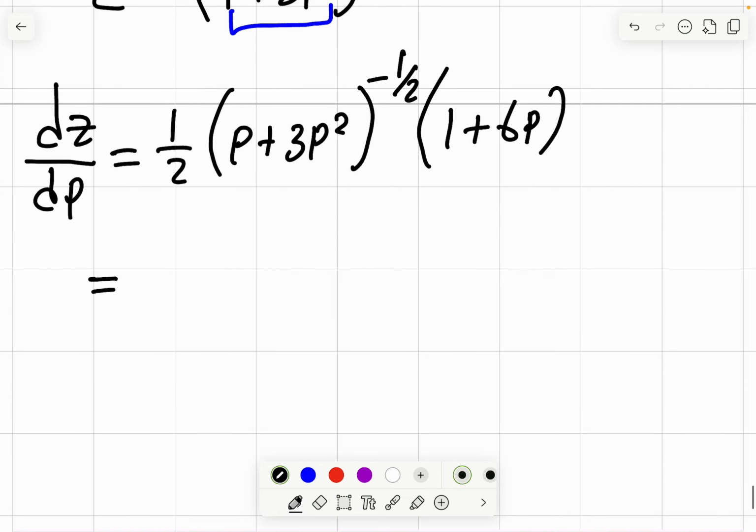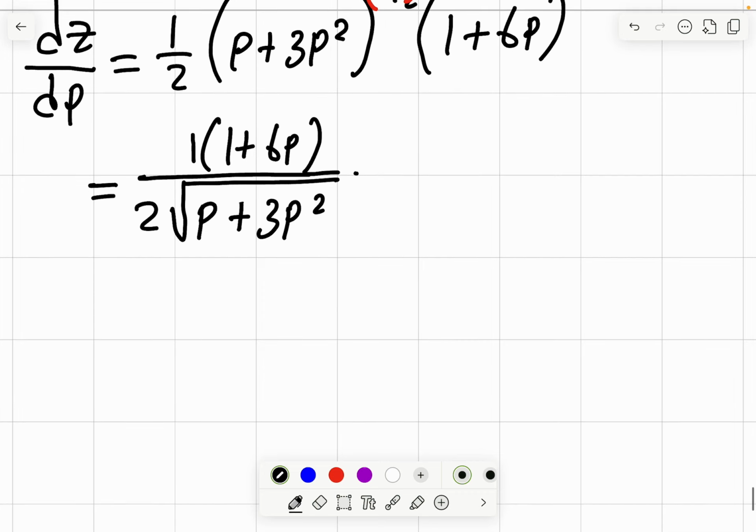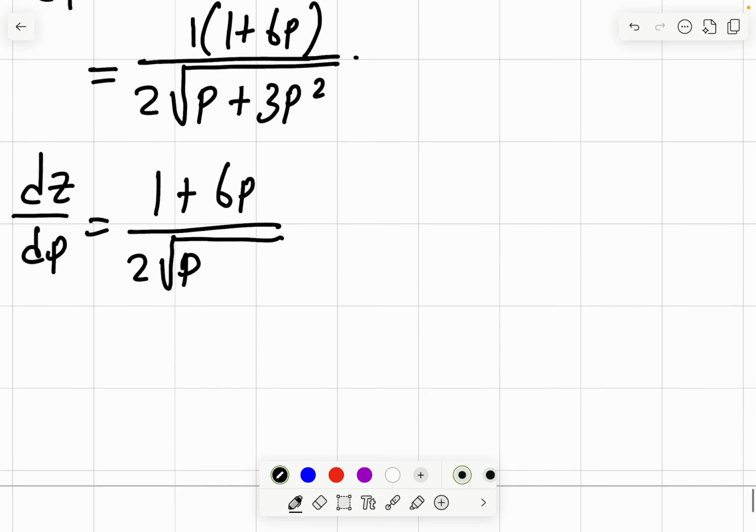So my answer is going to be: this one goes in the denominator, 1 over 2 square root of p plus 3p squared, multiplied by 1 plus 6p, which goes back in the numerator. Therefore, my final answer dz over dp equals 1 plus 6p all divided by 2 square root of p plus 3p squared.